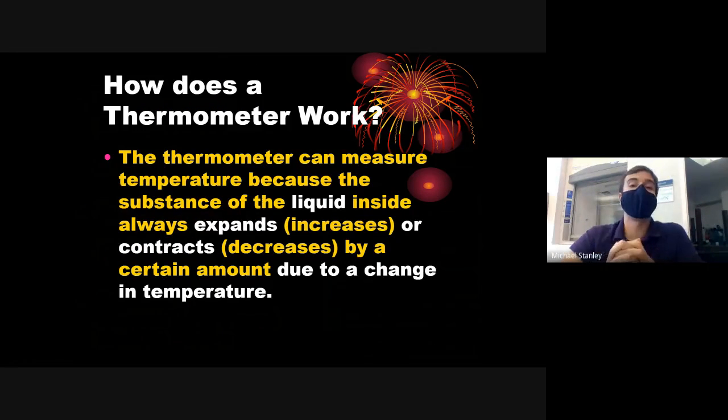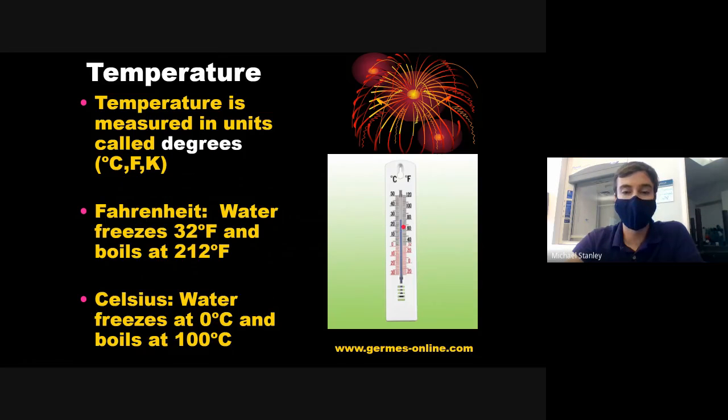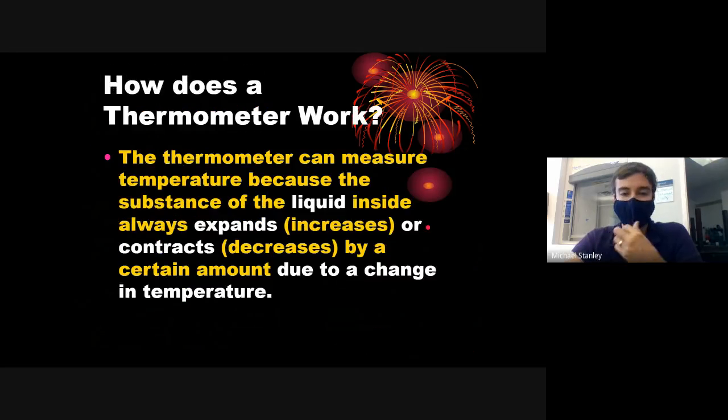So the way that a thermometer actually works, you've all seen thermometers like this one, where you have some sort of liquid inside, and the liquid goes up and down depending on if it's hotter or colder. And it's usually a red or a blue color, so you can see it easily. What's actually happening inside of a thermometer is that the liquid either expands, increases, or contracts and gets smaller by a certain amount due to a change in temperature.